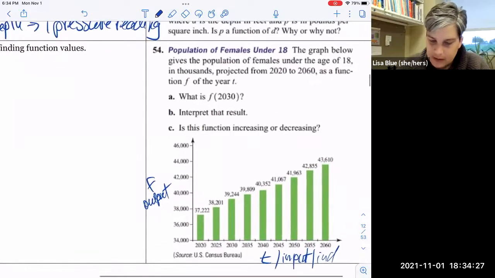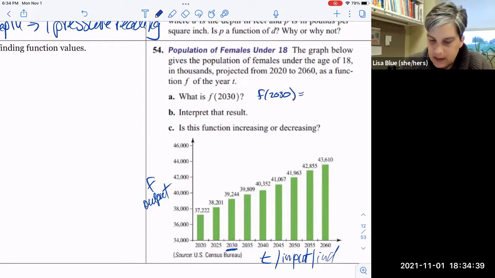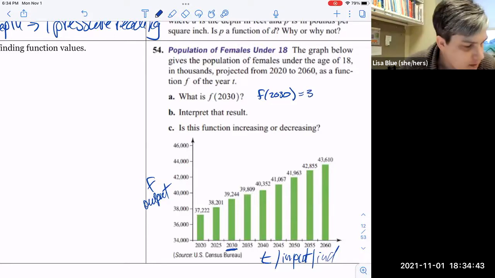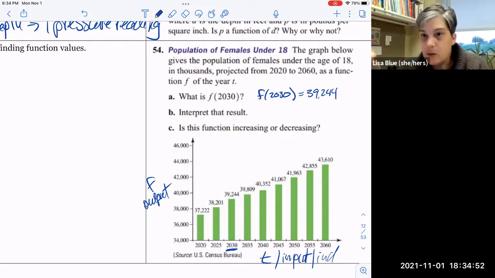For F of 2030, we go down here and find 2030. When T is equal to 2030, we see 39,244 females. Interpret that result: in the year 2030, we're going to have 39,244 females under the age of 18.